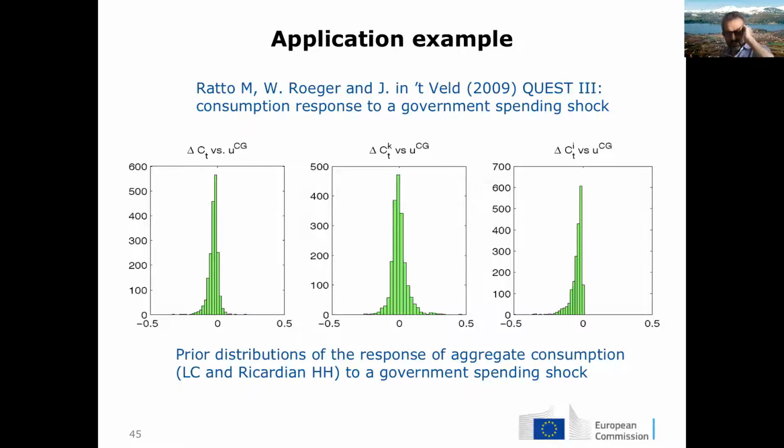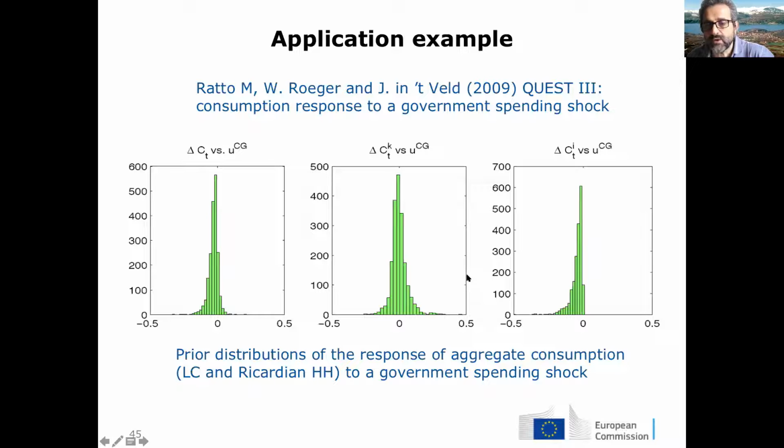So we started to do this Monte Carlo analysis. In this plot we see the prior distribution of the response of aggregate consumption and of the two households' consumption with respect to the government spending shock. We see that in the prior distribution of this model there can be situations where aggregate consumption has a positive response, but the density remains strongly tilted towards crowding out of consumption.